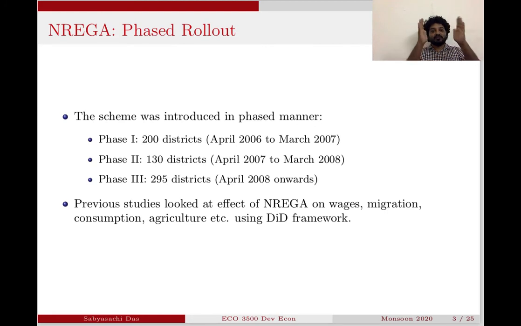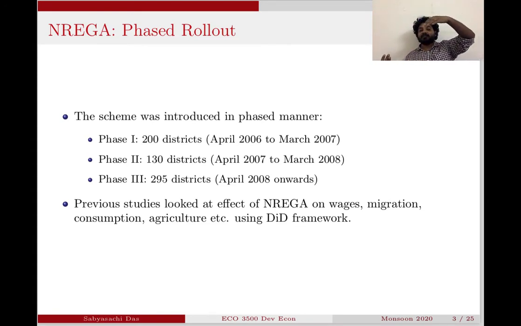So in 2006, you can look at the effect of NREGA on phase 1 districts, pre-2006 and in 2006, so the phase 1 districts will be the treatment group. What would be the control here? The control would be phase 2 and phase 3, right? Because those in 2006 are yet to come under NREGA.